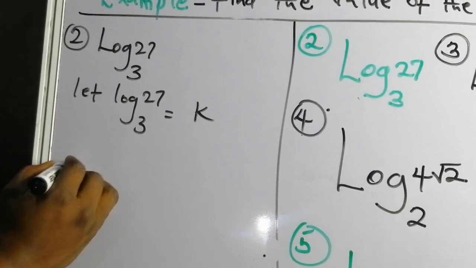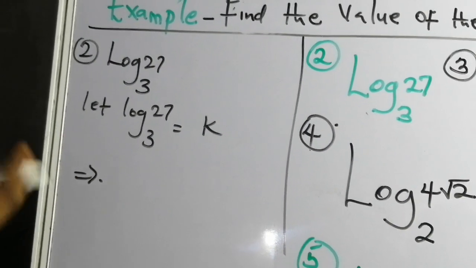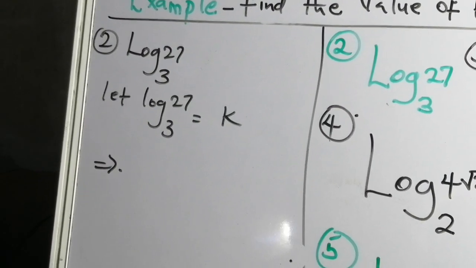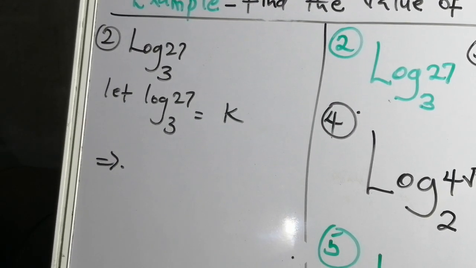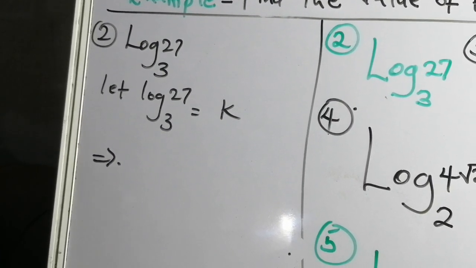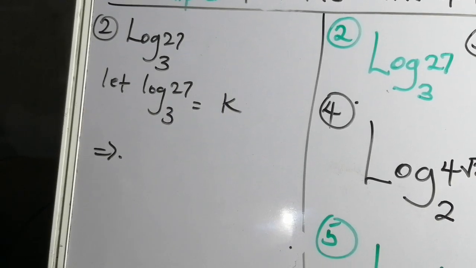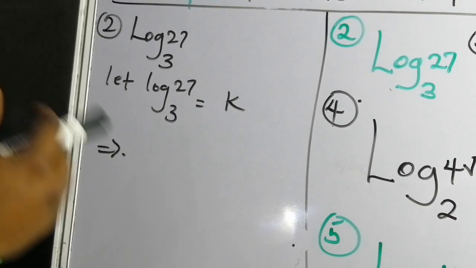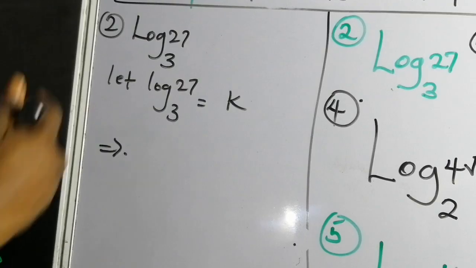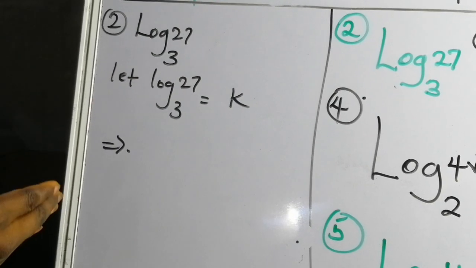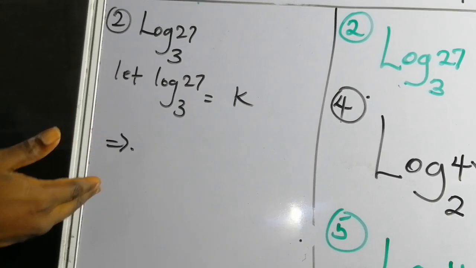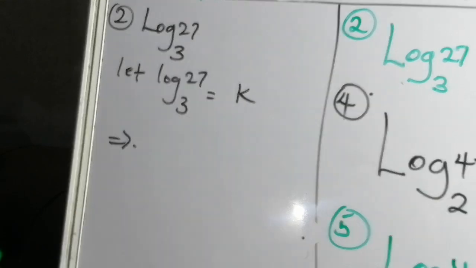Okay, that implies, like the way I've explained the first one, I don't want to repeat that because you might not necessarily need that, because the examiner already knows what you're trying to do, what law you're applying, what the theory of logarithms is all about. But in that first question, I intentionally illustrated that so that you can understand what I'm doing.